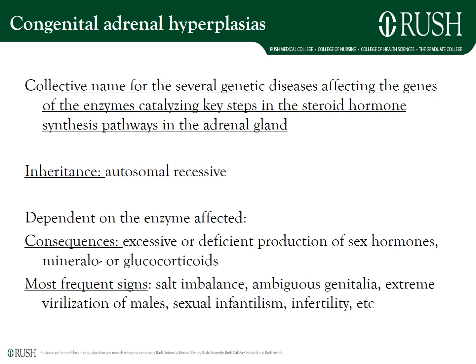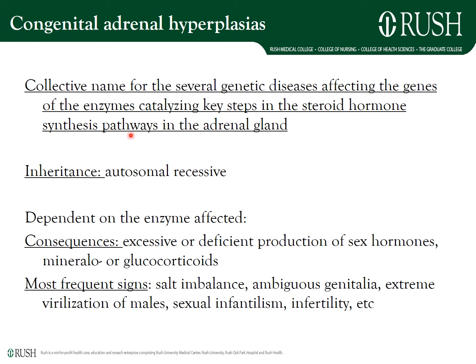So what are congenital adrenal hyperplasias? This is a collective name for several genetic disorders affecting key enzymes. So there is a mutation in a gene that codes for a key enzyme which catalyzes a step in the steroid hormone synthetic pathway.